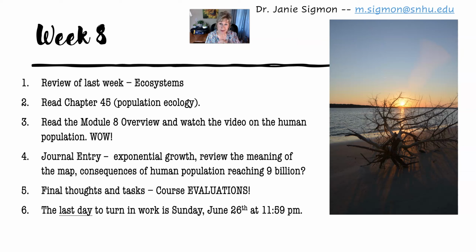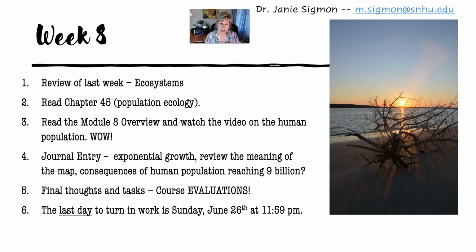This is true for any species on the planet, from bacteria to plants to animals, the human population, a fungus, whatever. No species can sustain exponential growth forever, because you're going to run out of food, you're going to run out of space, etc.